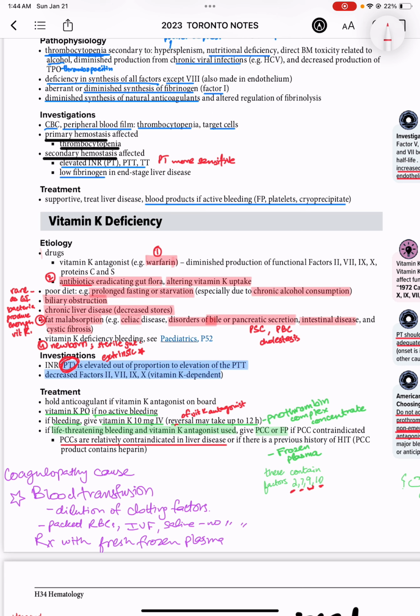So be careful that they don't have any problems with heparin. So we can give prothrombin complex concentrate, prothrombin, which is going to go directly and clot. So prothrombin complex concentrate or frozen plasma if there is life-threatening bleeding and a vitamin K antagonist was used, right? Because we have to hold it.